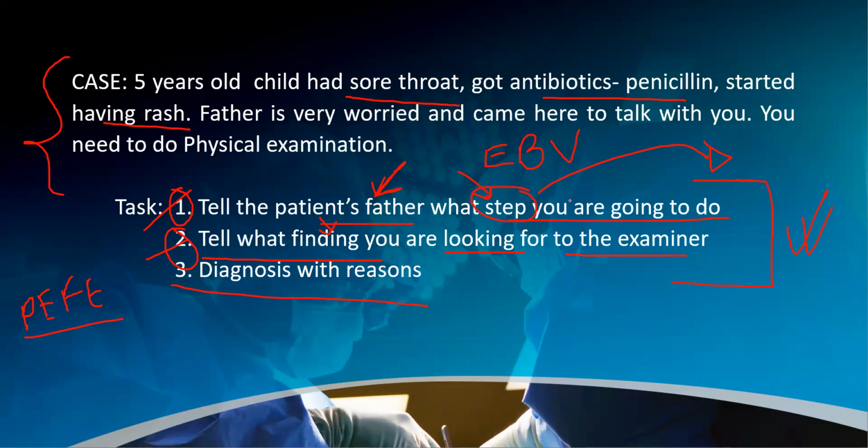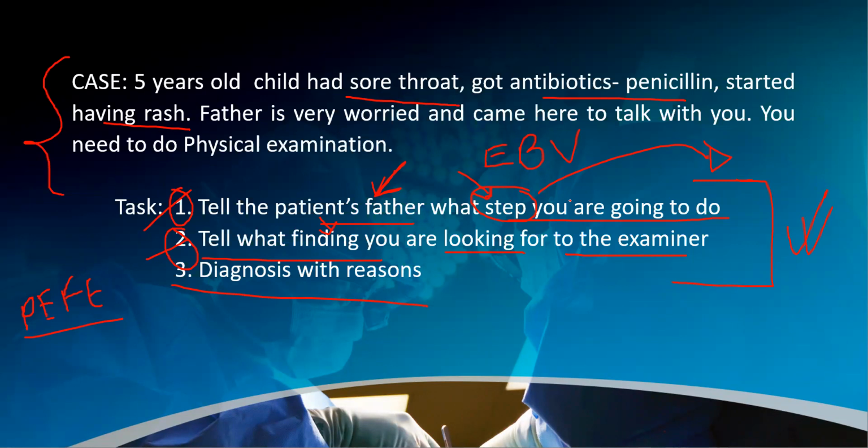Now that's a good one, Dr. Nadia. So you can always tell that. If you heard, when I did it, I also tried to justify why I am looking for these findings. Now try not to do it for everything because it will not sound good. Sometimes when you are saying external tenderness, you can say that you're looking for any bony tenderness for leukemia.